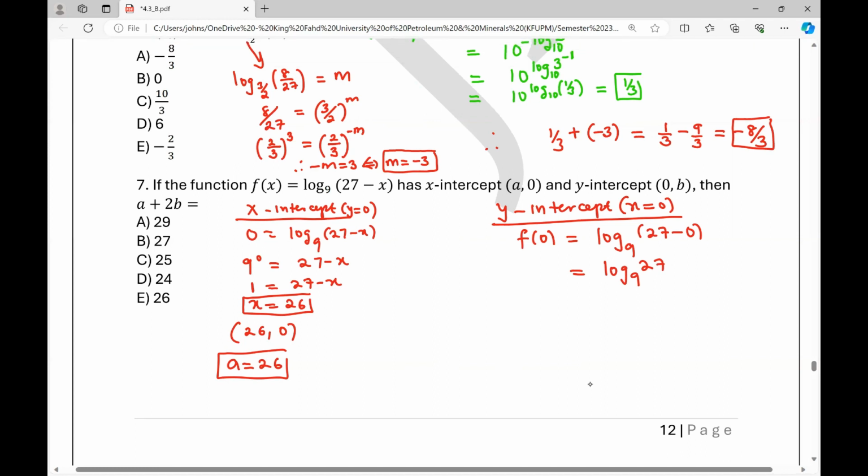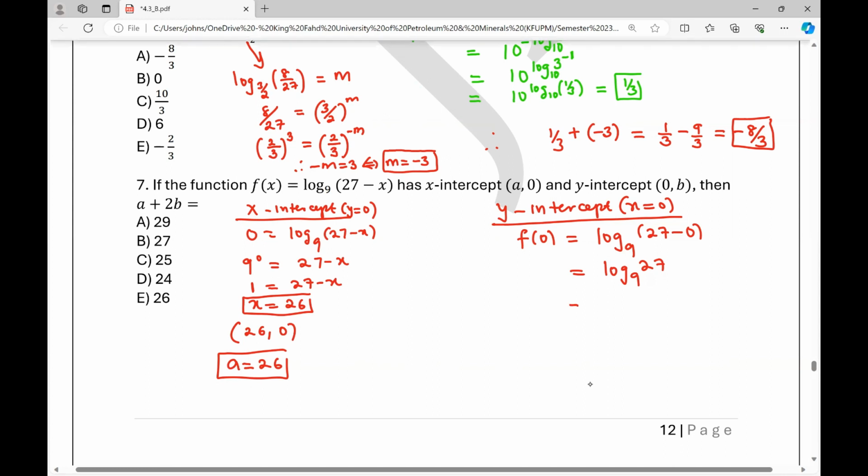So what is log 9 of 27? We can write this as what? You can just say it's equals to x. If you can find it that way, it's fine. But if you cannot find it that way, then you try to rewrite this one in a form you can deal with.